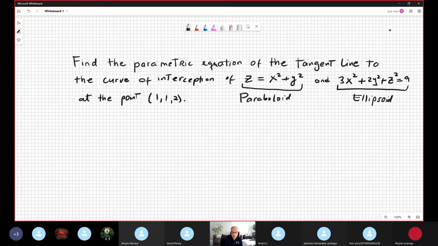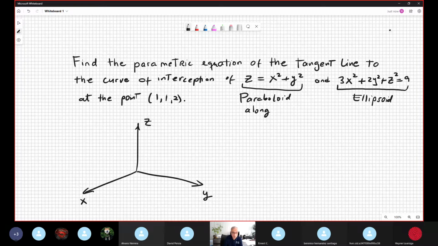By the way, this paraboloid is along what axis? Along x, y, z? Z. Cool.